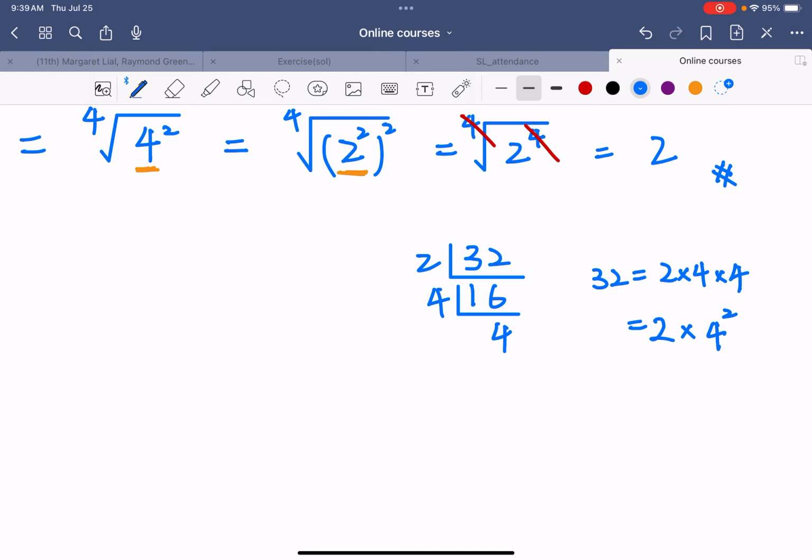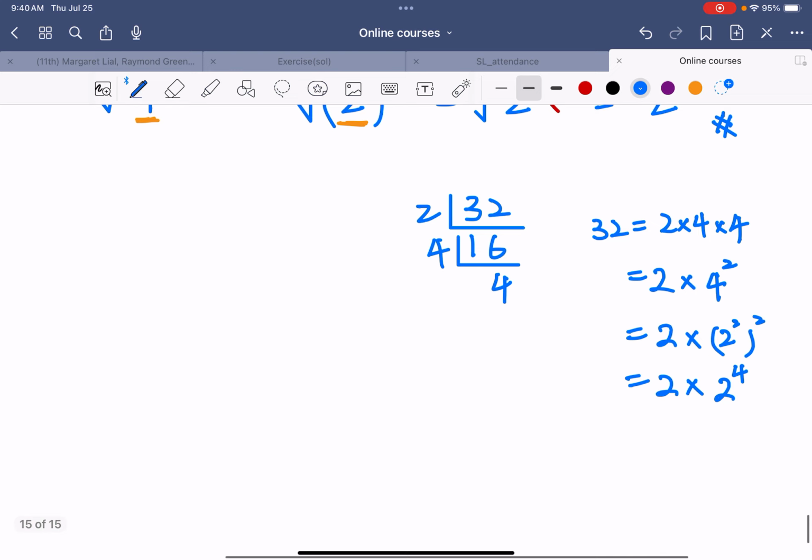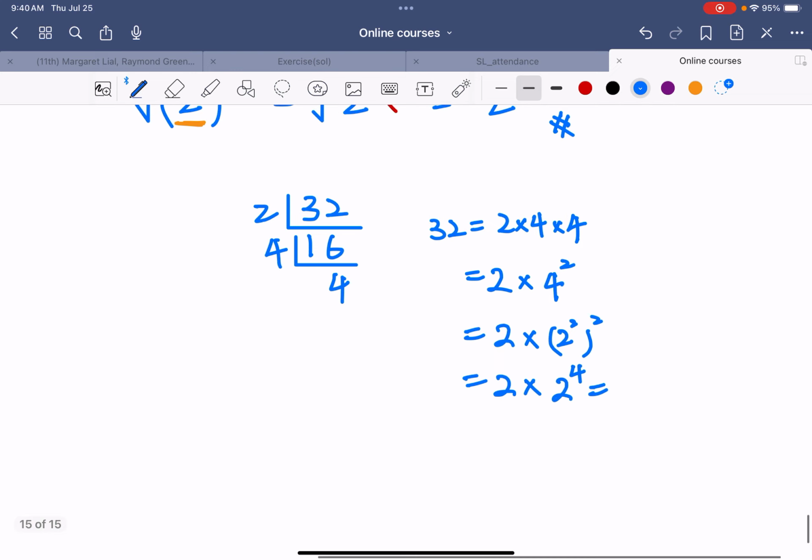So it's too ugly here. We also know that 4 is 2 squared. So 2 squared squared gives us 2 times 2 with power of 4, right? And then we get 2 to the power of 5.